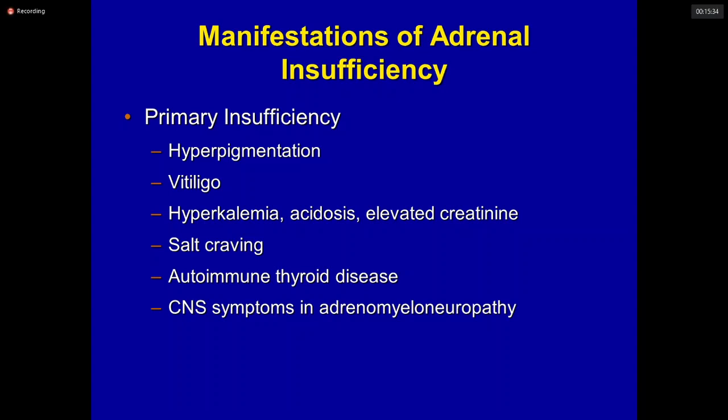Salt craving, because the patient with aldosterone deficiency wants sodium. We may see manifestations of autoimmune thyroid disease, or it may be due to other, less likely causes, what we call adrenoleukodystrophy, which actually has CNS symptoms along with adrenal insufficiency.